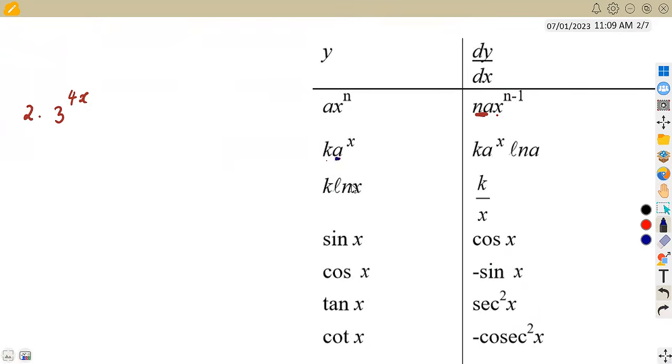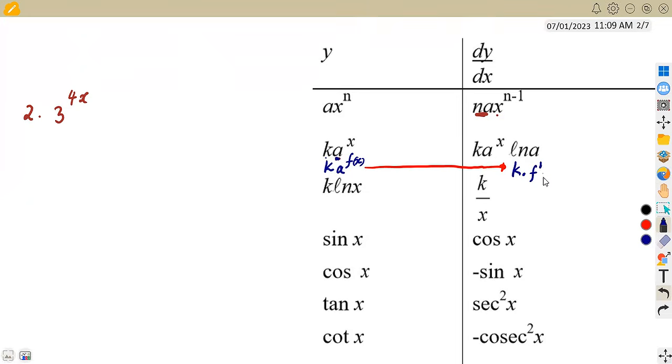Here I'm just going to add this way to say, if you are given this as k a to the exponent of f of x, let's say a to the exponent of a function that has got x in this case, this is going to give us k times the first derivative of this function, f of x.